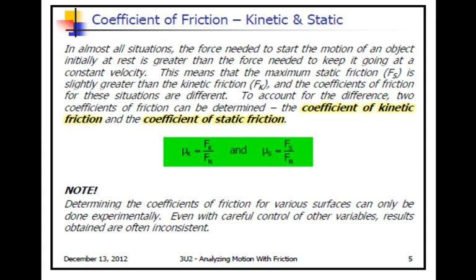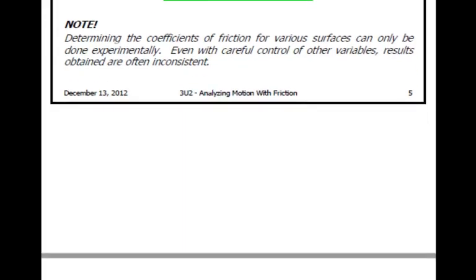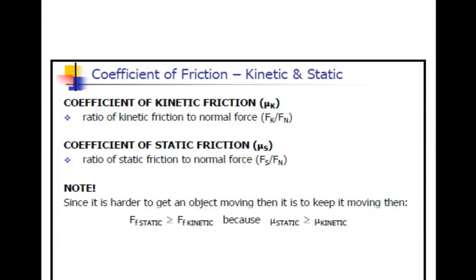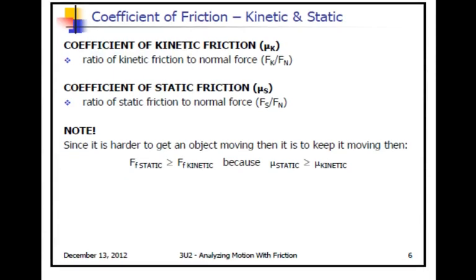Now, we talked about kinetic friction and static friction. And it's important to understand that the static friction coefficient, which is mu subscript s, is always greater than the kinetic friction coefficient, which is mu subscript k. So this is worth copying down here.